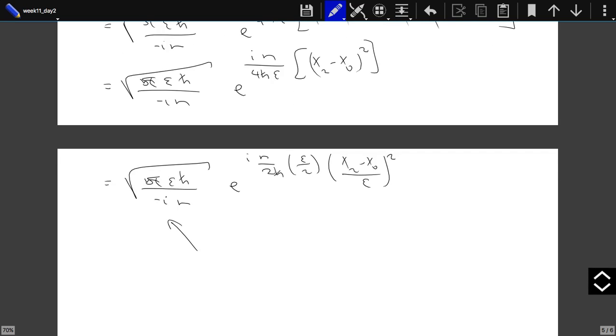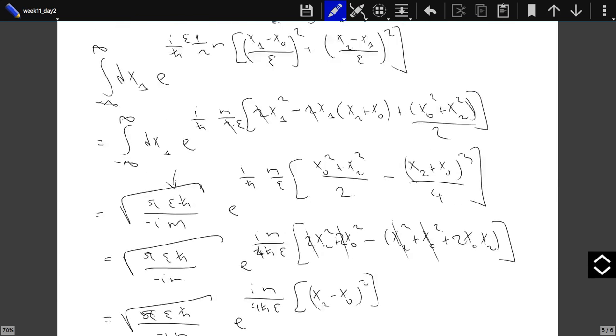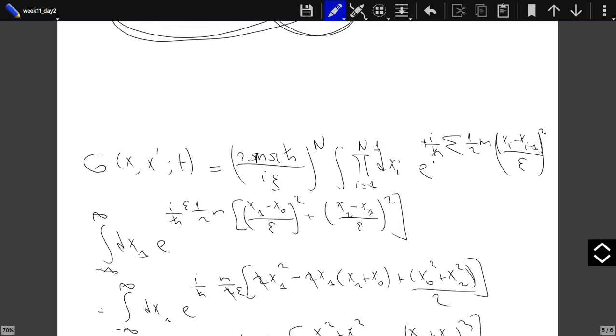Let's see if this pattern is general. Let's repeat it for x2. Now we have this x2 integral from minus infinity to infinity. We have e to the power, let's go back. Now from this integral, x2 appears again in two terms. There is the x3 minus x2 squared term, which we didn't take into account in our x1 integration.